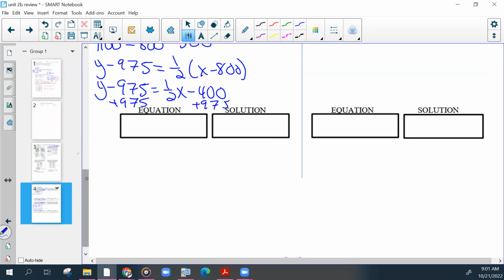So our equation is gonna be y equals 1/2 x plus 575. You can double check that math, if I didn't do that right.